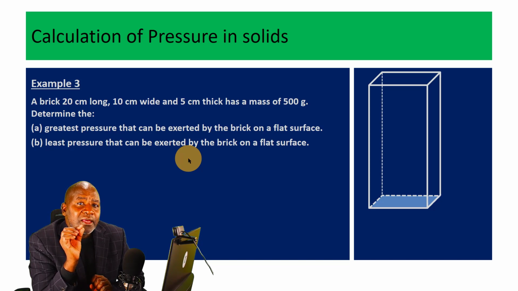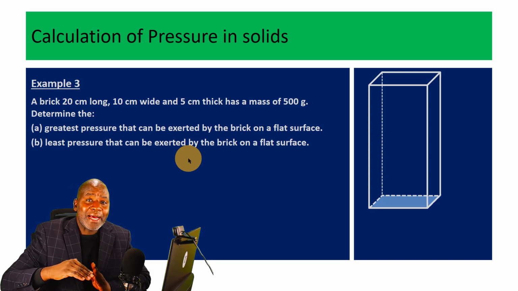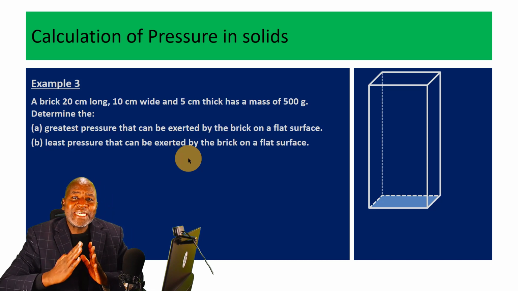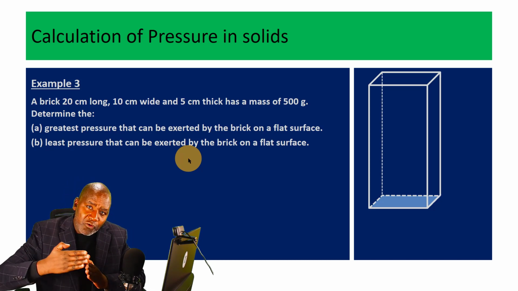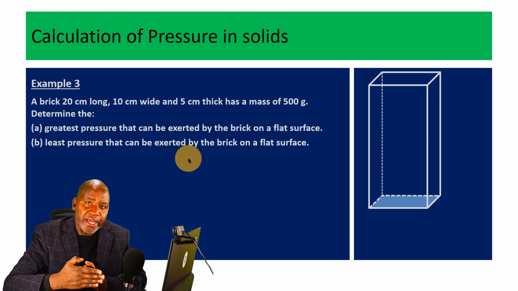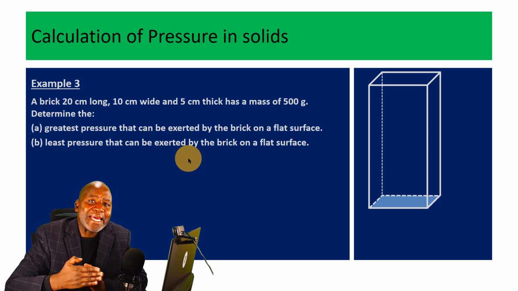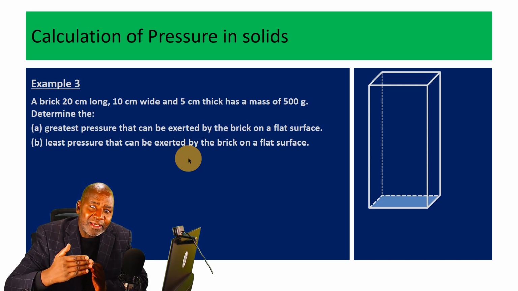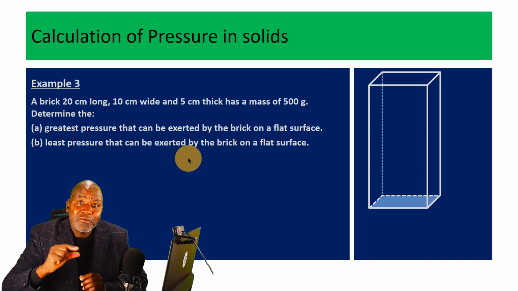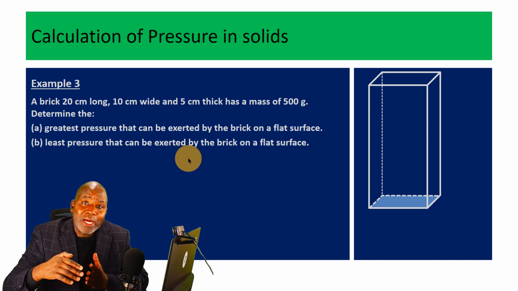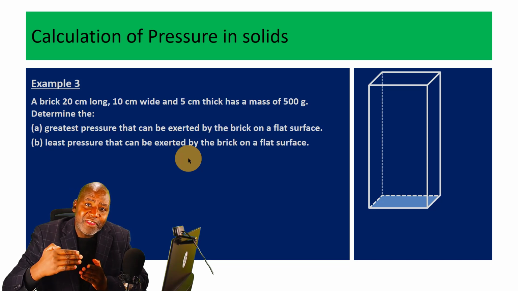That means a small amount of force can produce a large amount of pressure. And because the pressure is the penetration effect of this object into the softer material, we want it to penetrate that material as easily as possible using a small amount of force. And we can only make sure that this happens by reducing the area of contact. That is why it's easier to cut with a sharp knife than a blunt knife.